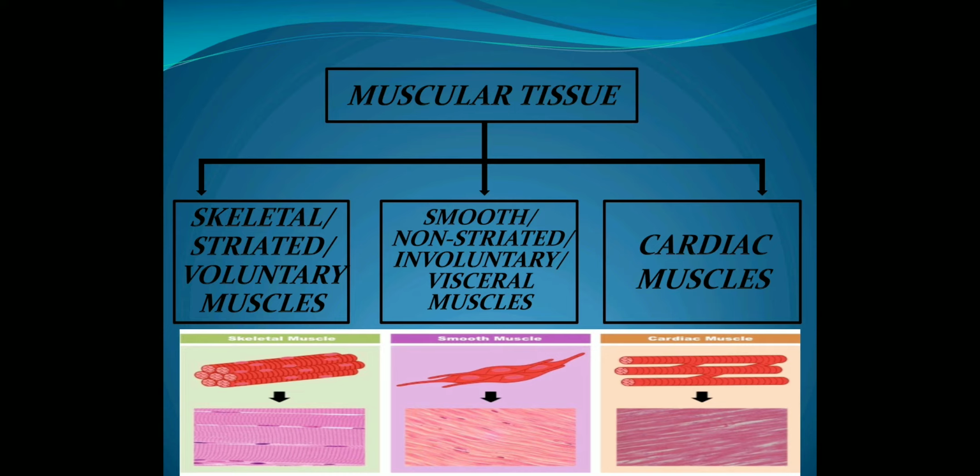And they are also called visceral muscles because they are found on visceral organs. Then the third type is cardiac muscle. The name itself indicates that it is present on the heart and it is a special type of muscle. Now let's see the details of each type.